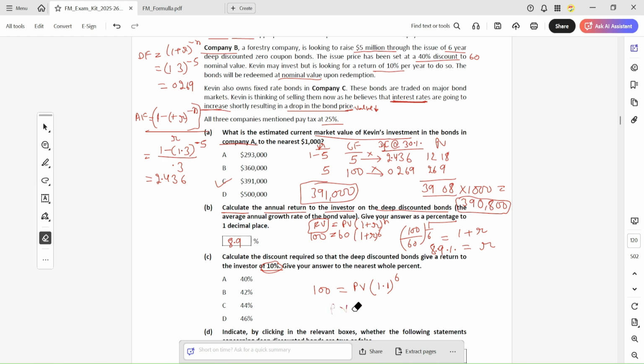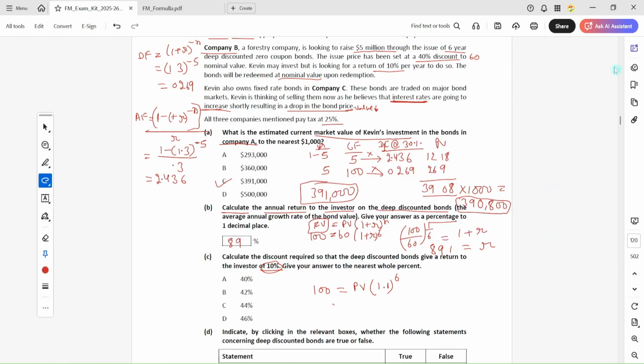How can you solve this? PV, 1.1 with compounding 6, the value will be 1.771561. So now you have to divide 100 by 1.771561, and you will get the present value.